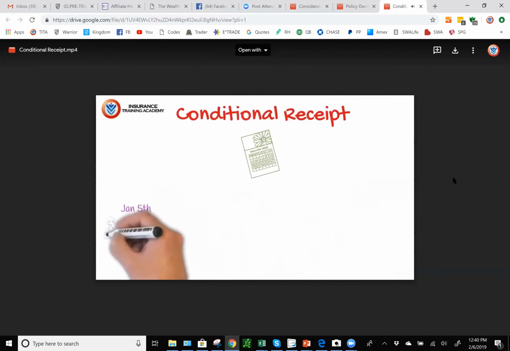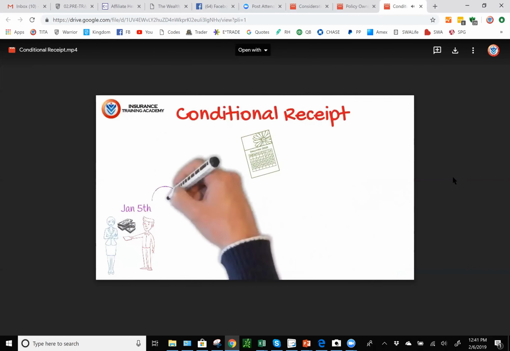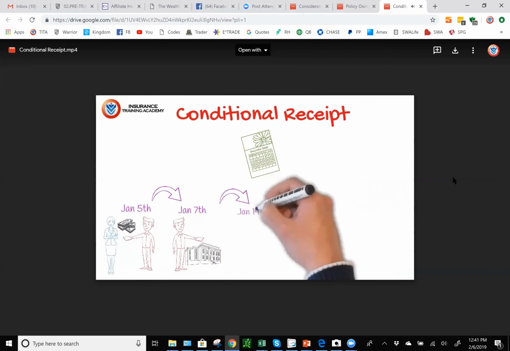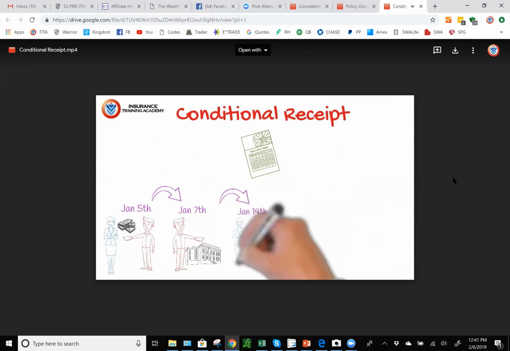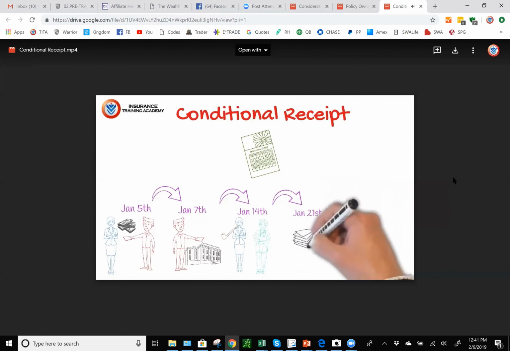So let's start over with our timeline. Jane paid her premium. Bob gave her a conditional receipt. 2 days later, he turns the application into the insurance company. A week later, Jane has her paramedical exam. Nurse comes out, draws her blood. Remember, the results showed that Jane had nicotine in her system. Jane is a pipe smoker. She doesn't really like cigarettes, I guess. A week later, they issue her policy.